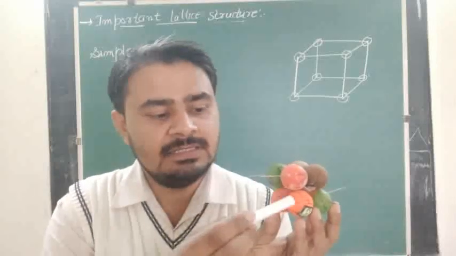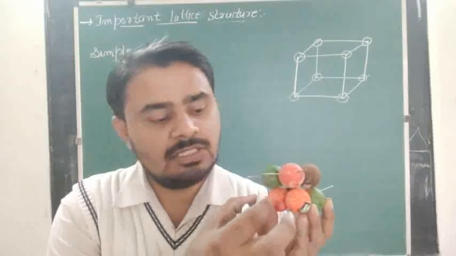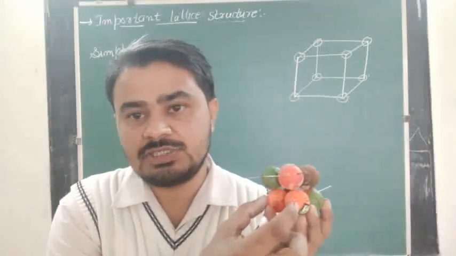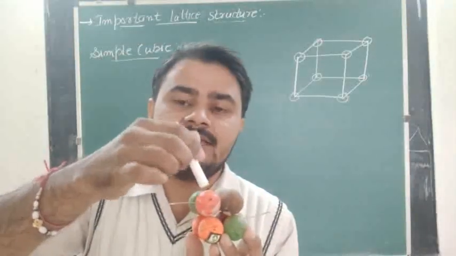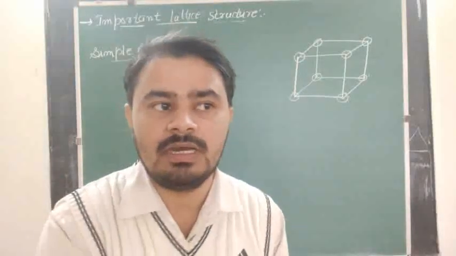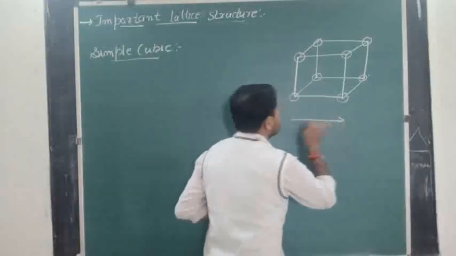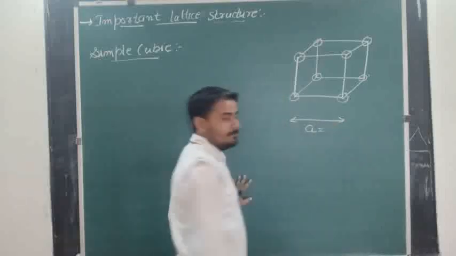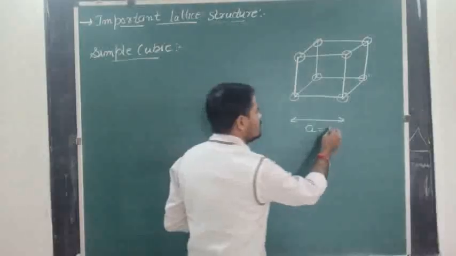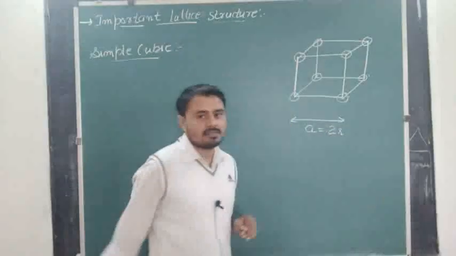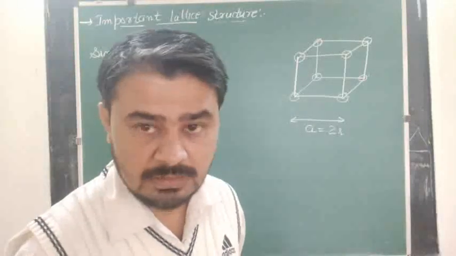Now you can imagine that this length a is twice the radius, that is 2r. Clear? That means the length of this unit cell a will be equal to twice the radius of a single atom r, that is 2r. Clear?